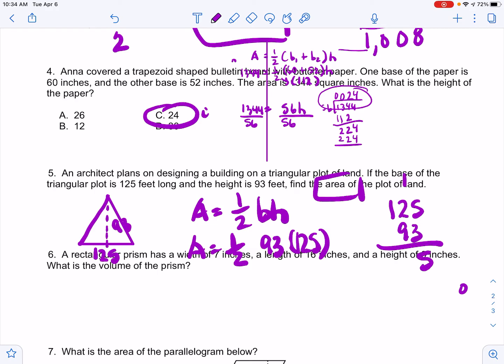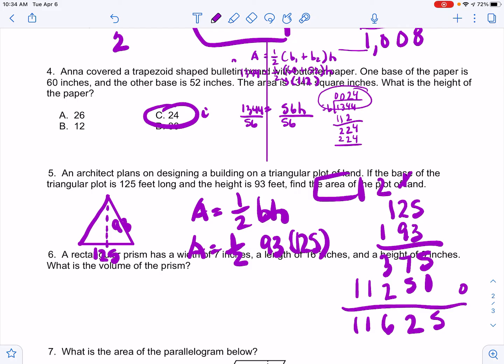Three times 5 is 15. 6, carry 1, 7, 3, 0. 125 times 93 would be equal to 11,625 feet squared. You square area because it's two-dimensional.